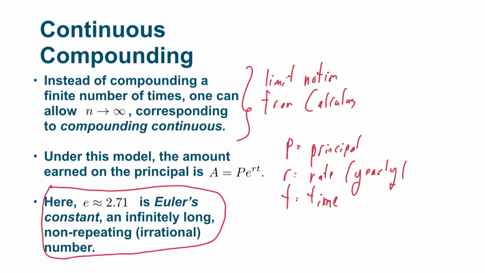I mentioned in the earlier modules that Euler's constant seems to have a penchant for appearing in many different circumstances, and this is one of them. Sort of out of nowhere, it becomes the relevant base for a model for interest. It's really a beautiful thing that this strange mathematical concept just appears out of nothing. But for us, we take it as a given.